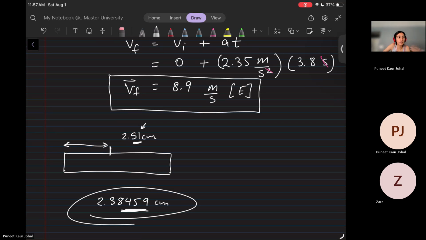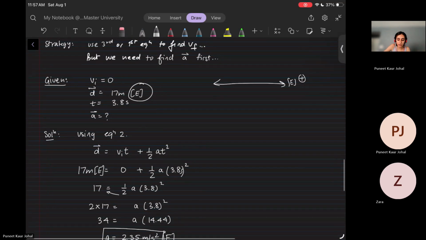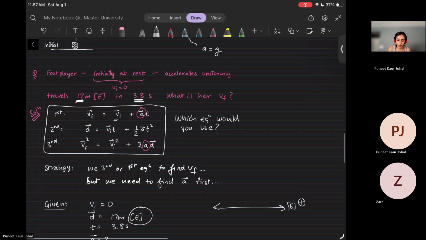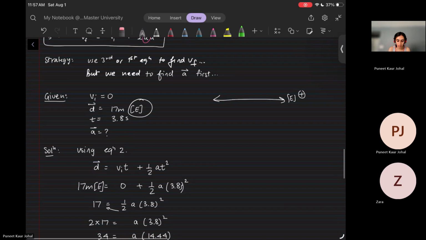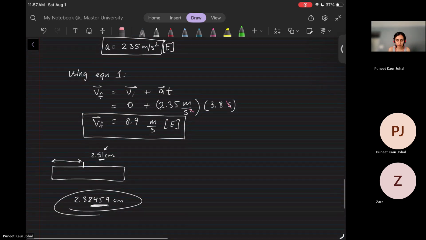It wouldn't make sense for me to say my speed is 8.9367 or whatever, when my time is only accurate to two significant digits. So is my distance. These are rough measurements. So using those rough measurements, you can only report your answer to as many significant figures as there are in the question.